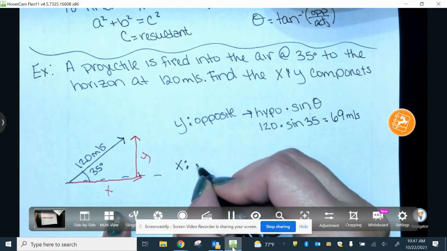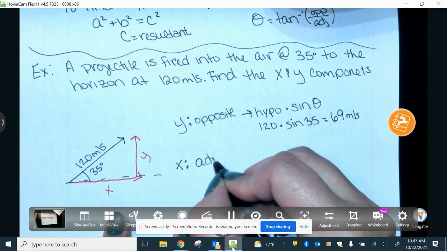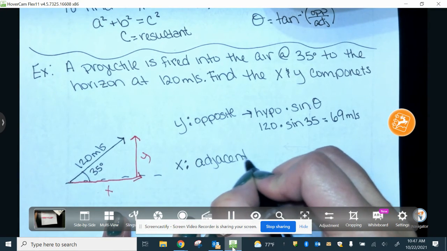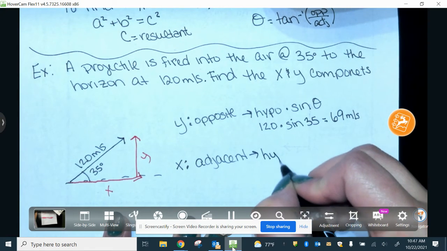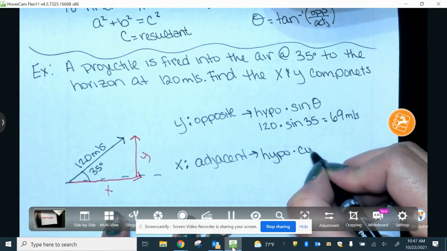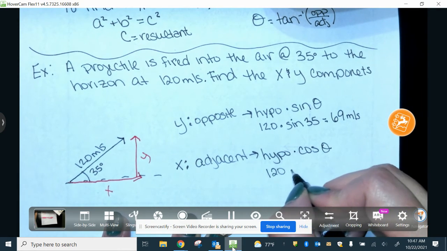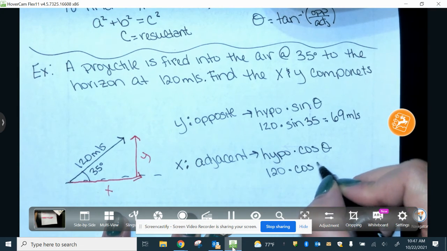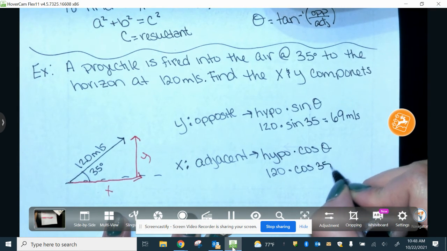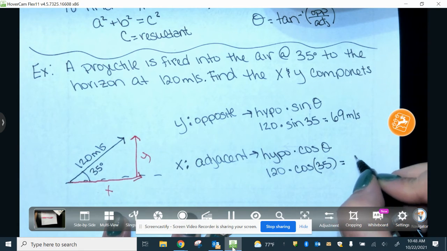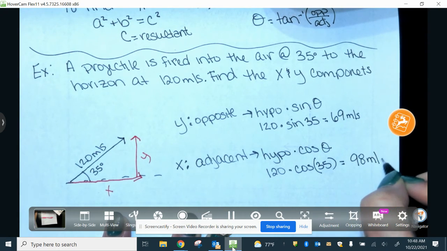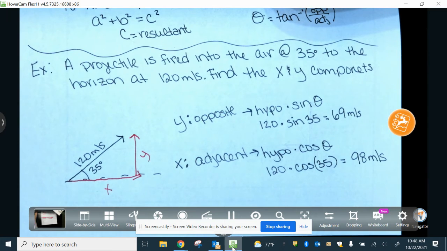So you plug the angle in there. So 120 times the cosine of 35 should give you somewhere around 98 meters per second. Again, there's some rounding.